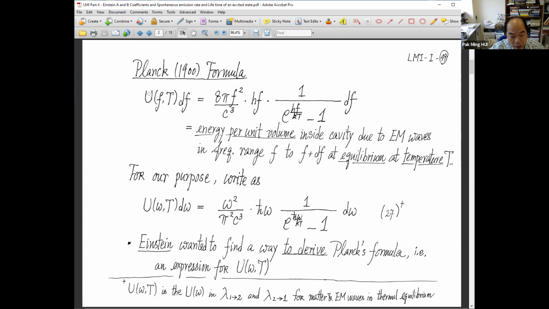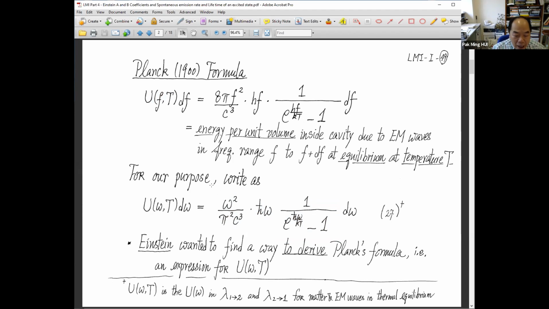Converting this formula to omega, we will get the same thing. We have an omega squared prefactor, that is the number of modes in the range omega to omega plus d omega. So that is the so-called density of modes. This is a quanta of energy. This is how much quanta there are at a finite temperature T, excitation, that means, okay?